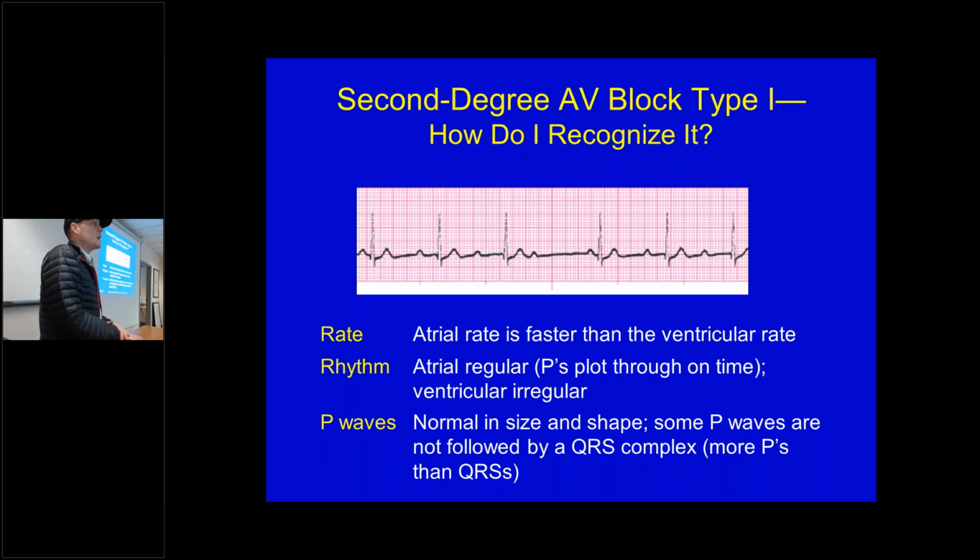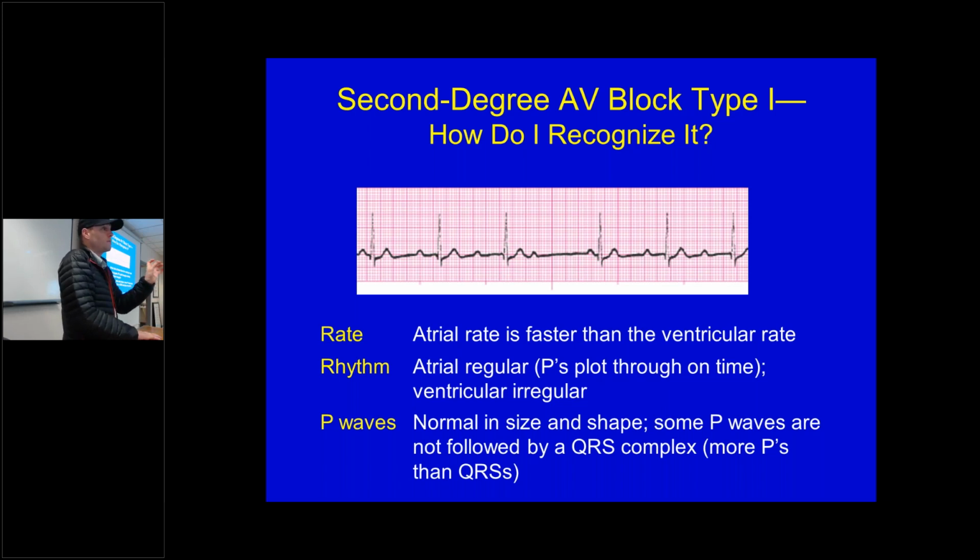But if you see regularly dropped beats in a strip, then you automatically go, I'm looking at the PRI. I'm looking at the P wave to see, is every QRS fired after a P wave? If the answer is yes, and it's not a complete heart block, all right, then looking at the PRI and how it's widened.